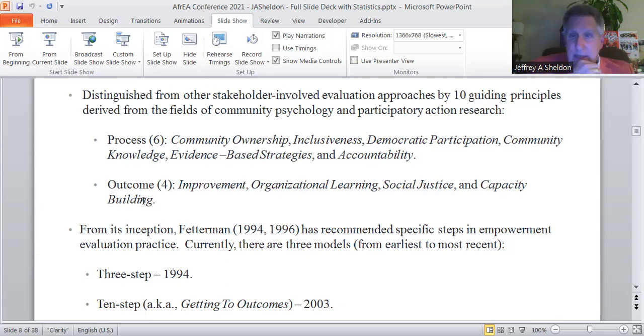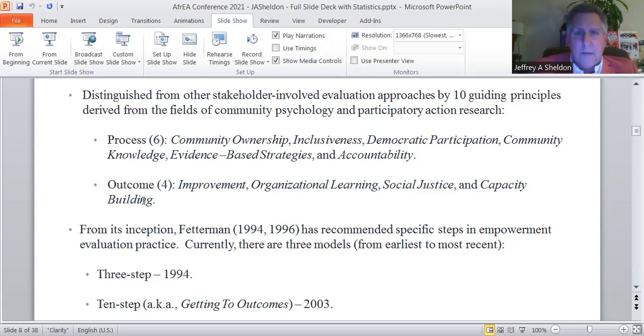And then part of the process principles are evidence-based strategies. When you're doing evaluation and thinking about how you're going to use evaluation, a lot of times we're using evidence-based strategies as part and parcel of the evaluation itself.